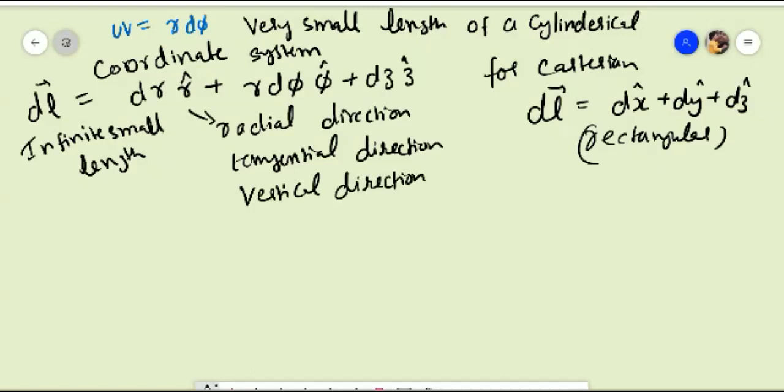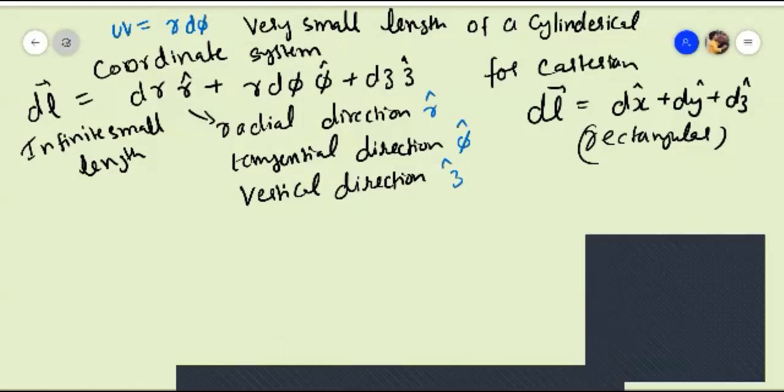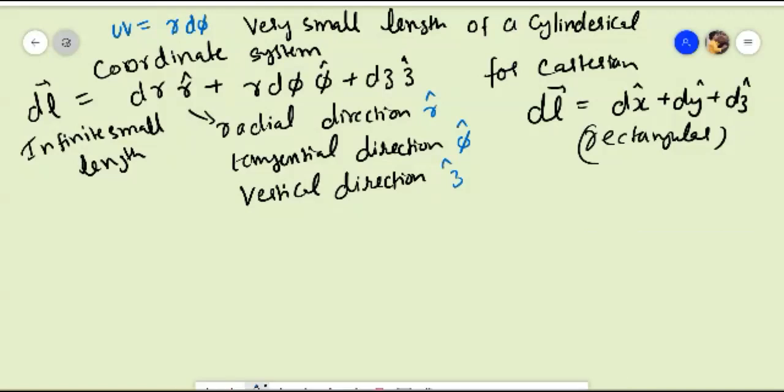So these are the three directions for a cylindrical system, and we know that the radial direction is given by r cap, the tangential direction is given by phi cap, and the vertical direction is given by z cap. That is what we are trying to do here. So now we got our length element, our infinite small length element given by dl.